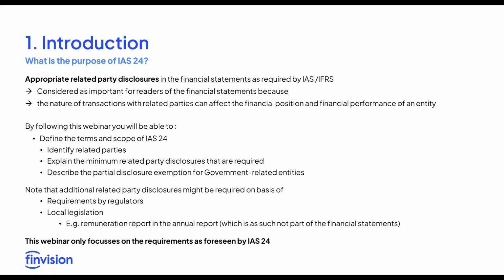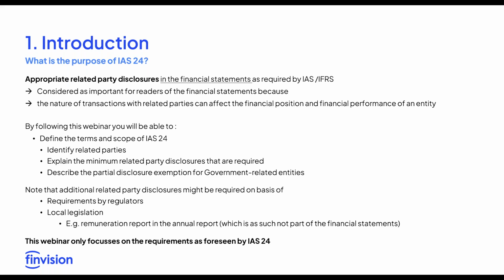Also, through this webinar, we will be focusing on the terms and the scope, how to identify who is all considered as a related party under the definitions of IAS 24, what the minimal related party disclosures are, and if applicable, there is some partial disclosure exemption for government-related entities.